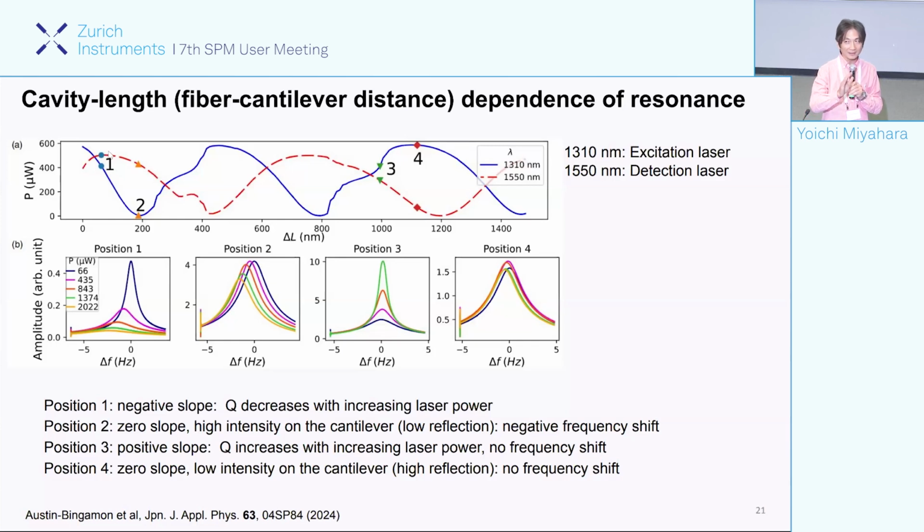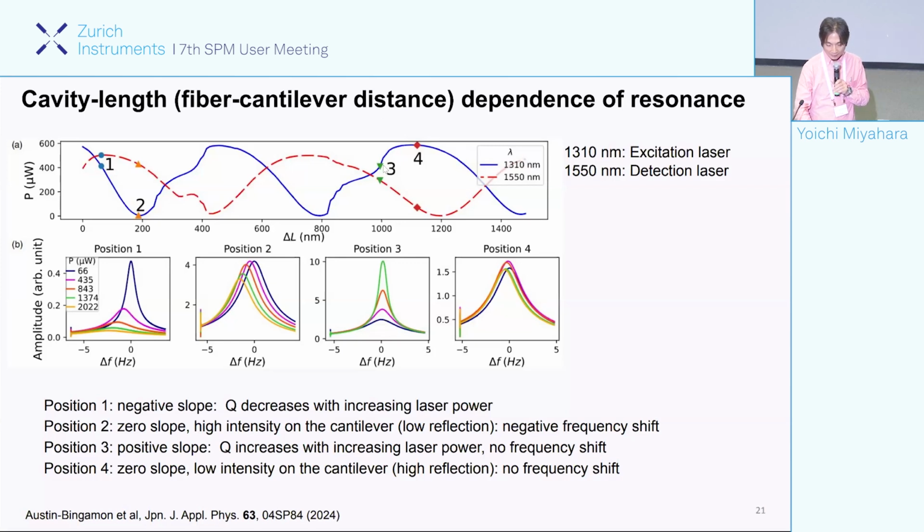This is usually not ideal for detection, but just for testing purposes we did the measurement here. The slope of the excitation laser is negative. At position 2, the slope of the excitation laser is almost 0. So when you change the average power of the excitation laser, we don't expect to see much change in either the Q factor or the resonance frequency.